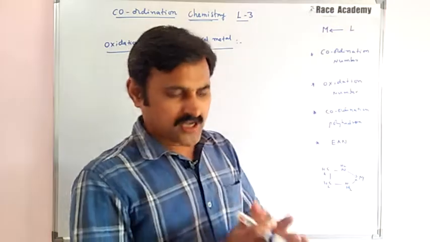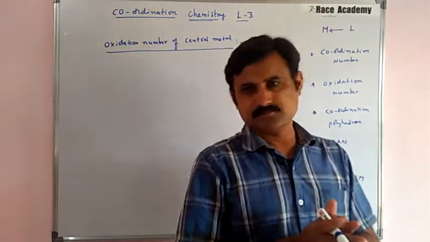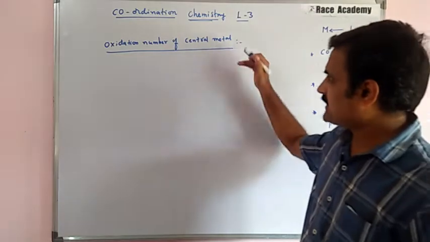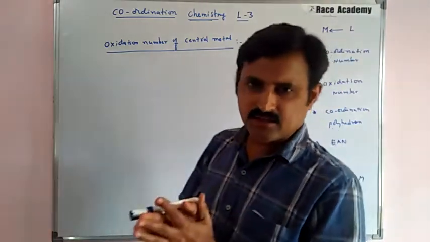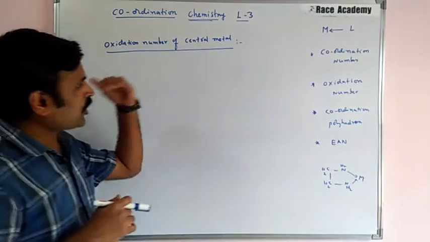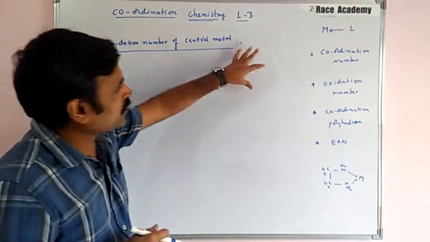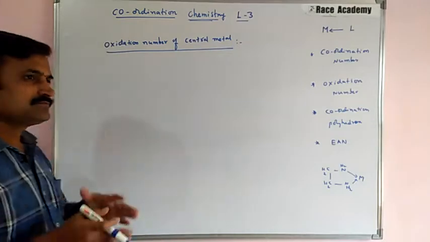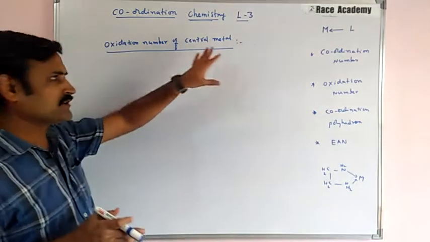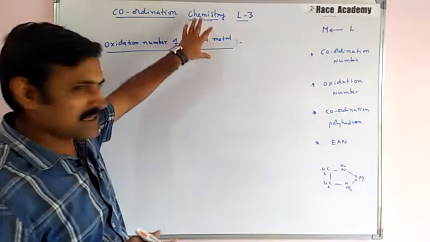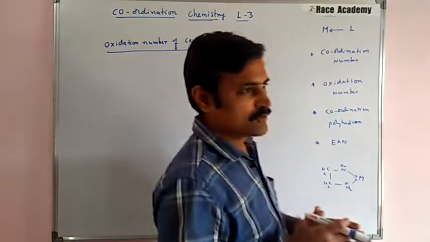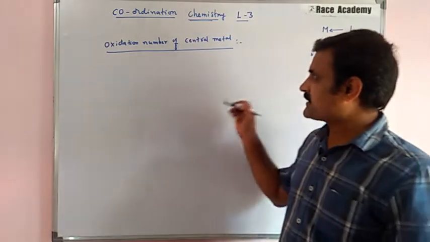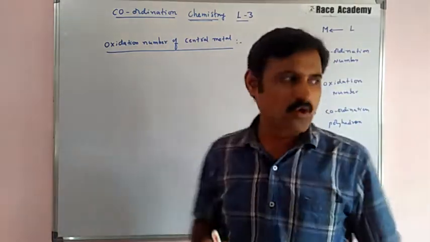When we talk about the oxidation number exhibited by central metals, those metals usually exhibit the oxidation number they show in their normal salts. The same kind of oxidation number will be exhibited by the central metals in the complex compounds. This is the common behavior of transition metals in coordination complexes.